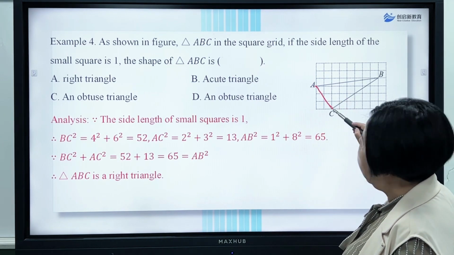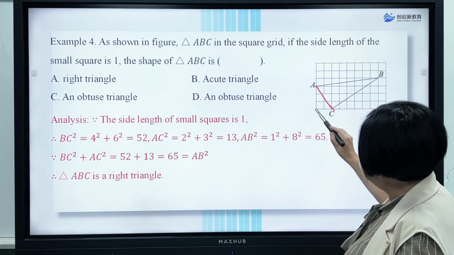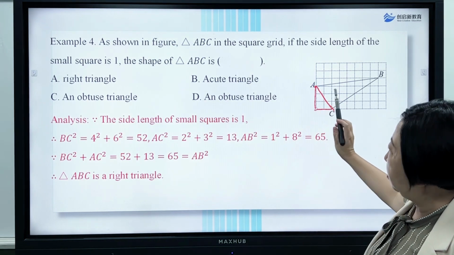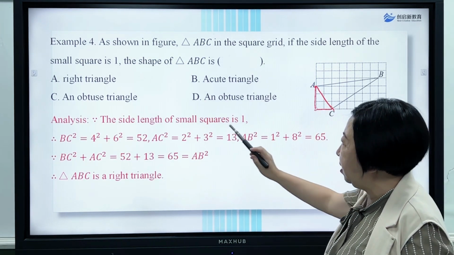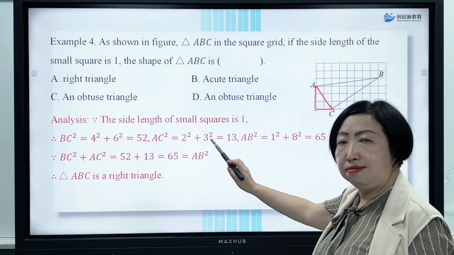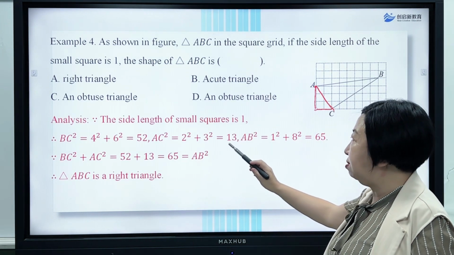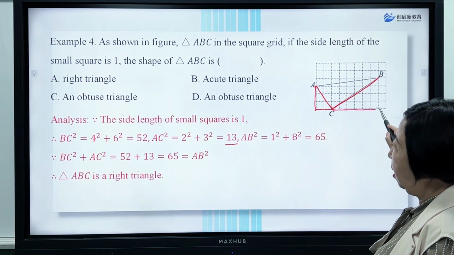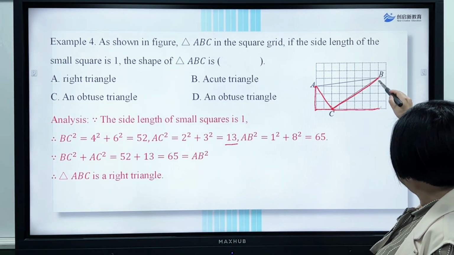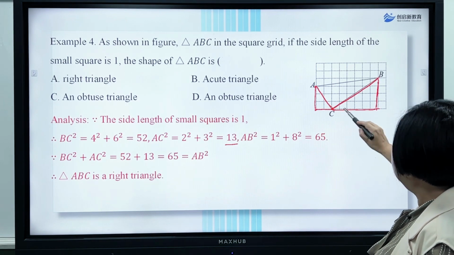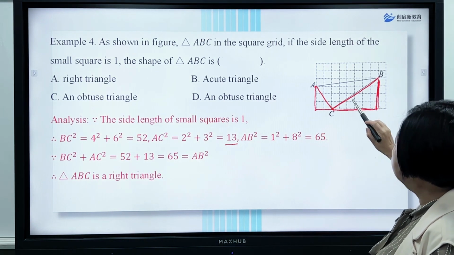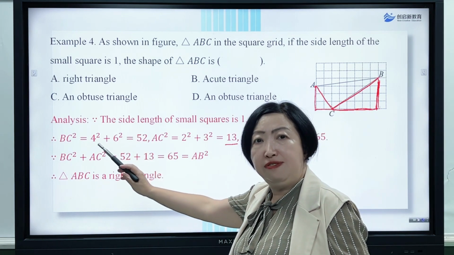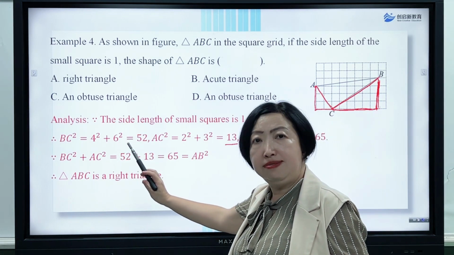Here the length of AC: the square of AC is the square of 2 plus the square of 3, which equals 13. Here for BC, it is 6 and 4, so the square of BC is the square of 4 plus the square of 6.